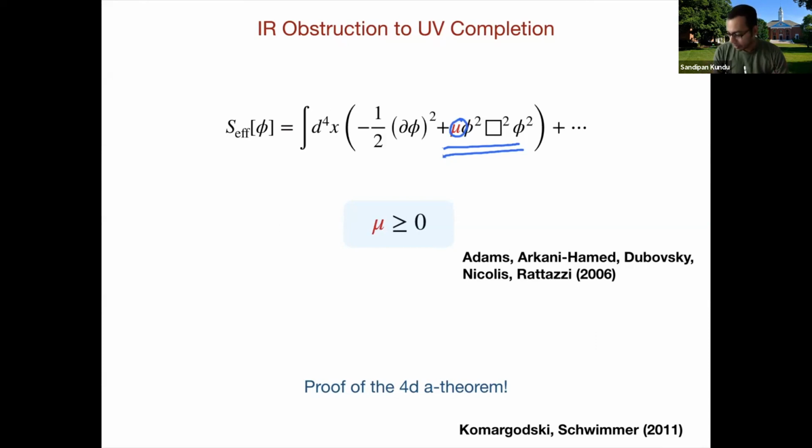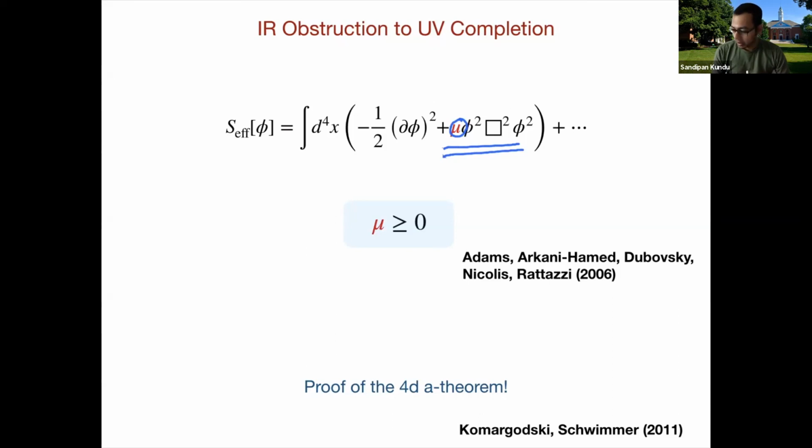Or said in a different way, if you start from any UV complete theory and then you integrate out some massive states, and you recover this effective field theory in the IR, you will never be able to generate an effective field theory with negative mu.